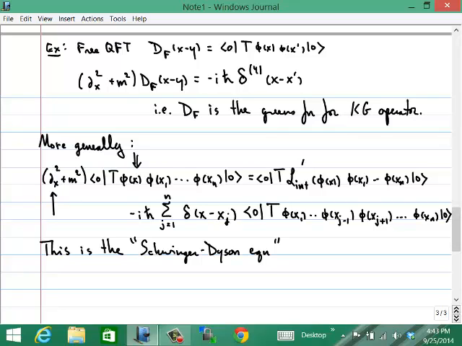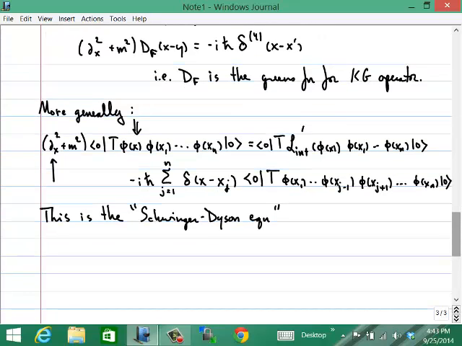Good. And what is this? It's a set of relationships between these various n-point functions in a quantum field theory. And the important point is that it has terms that relate n-point functions with different values of n. So for example, on this side we have an n plus 1 point function.